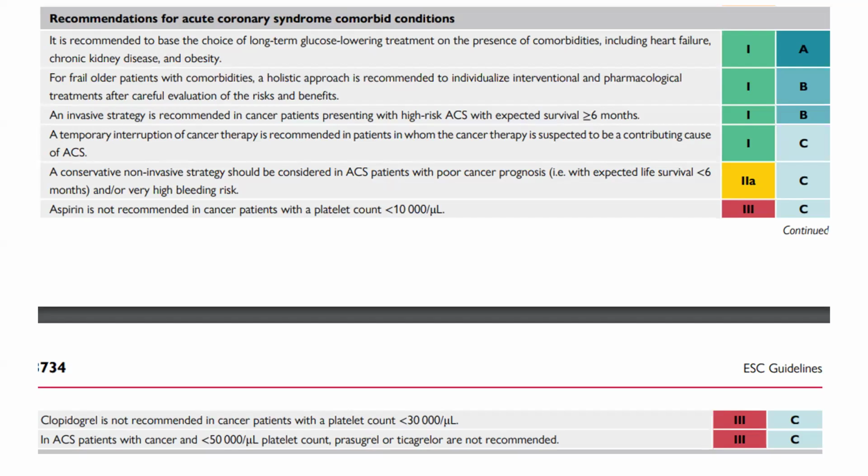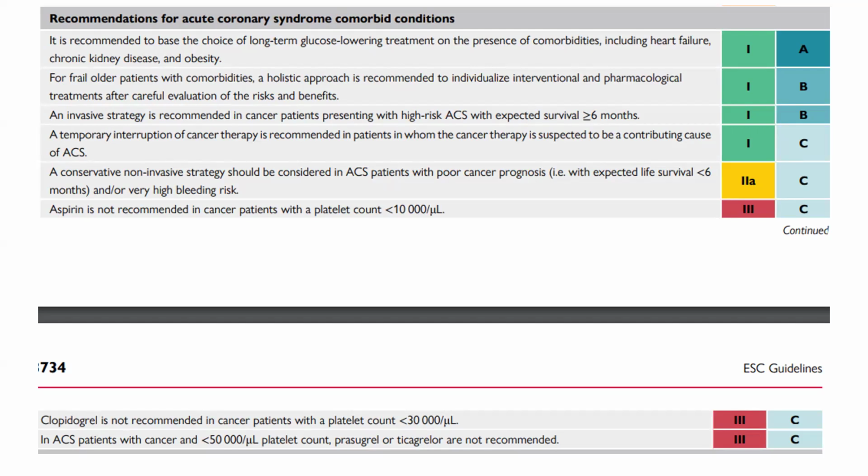Now, for frail older patients with comorbidities, a holistic approach is recommended to individualize interventional and pharmacological treatment after careful evaluation of risks and benefits. And this is something that obviously is considered even with or without guidelines. That is the approach when we are seeing patients.